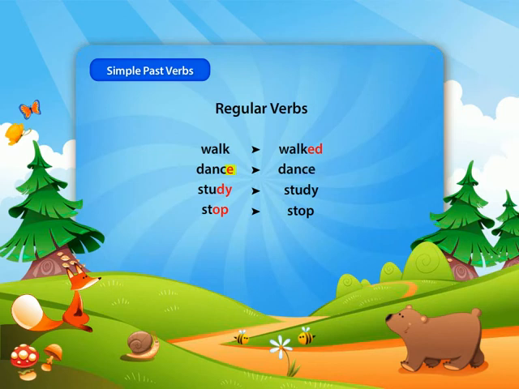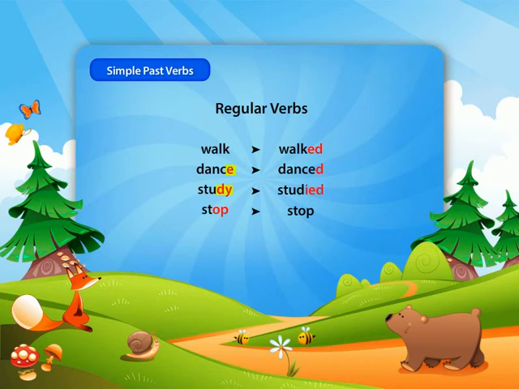Third, if the verb ends with a consonant plus y, like the verb study, change the y to i and add ed. So, studied.